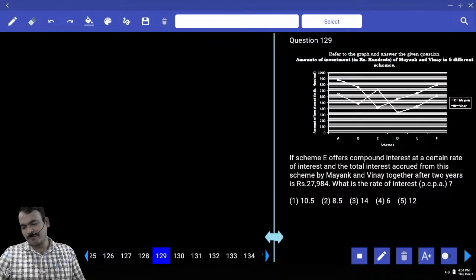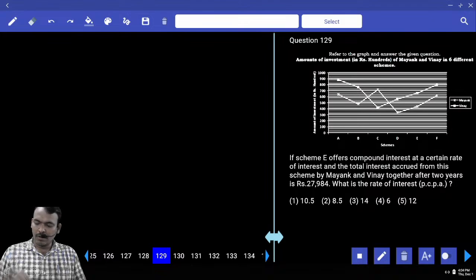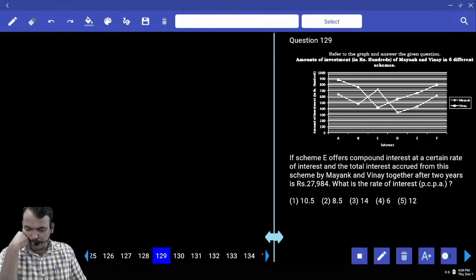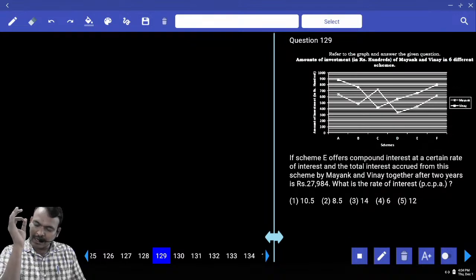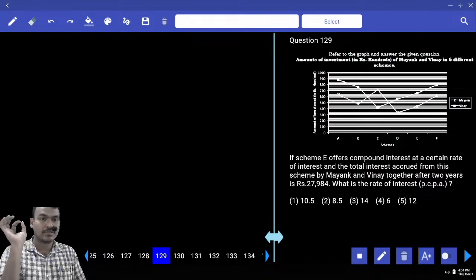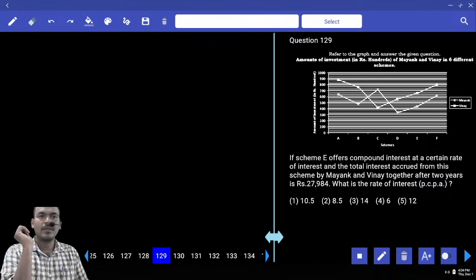Next question number 129. If scheme E offers compound interest at a certain rate of interest and the total interest earned from this scheme by Mayank and Vinay together after 2 years is 27,984, what is the rate of interest percent per annum? Scheme E offers compound interest or simple interest? Compound interest. 2 persons or only 1 person? 2 persons.